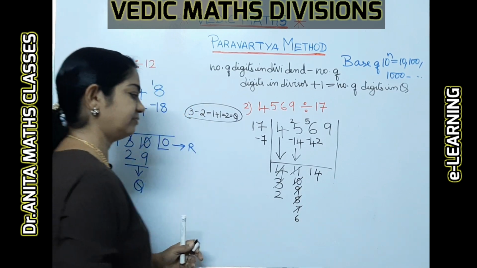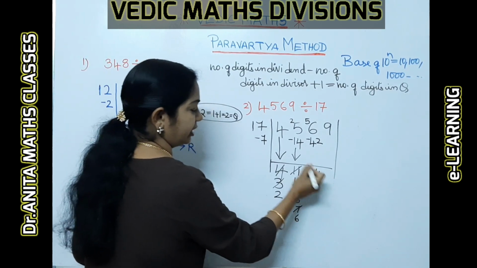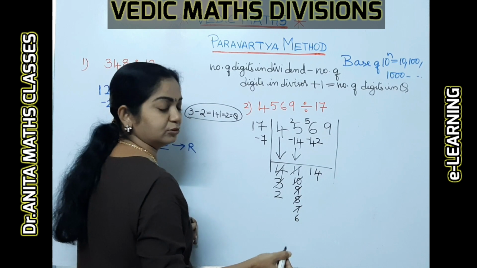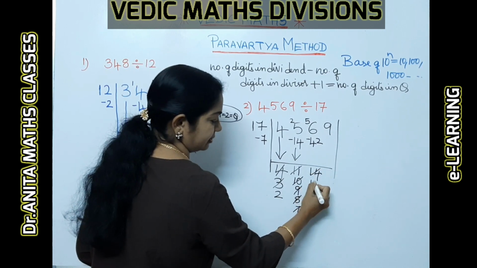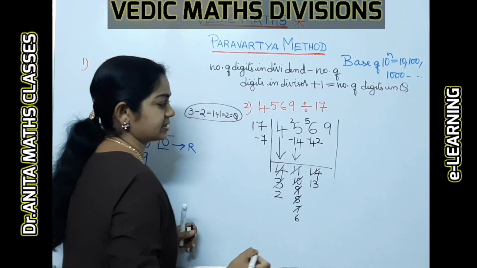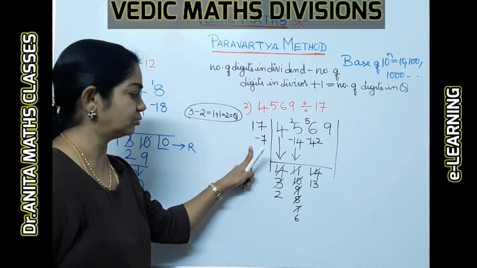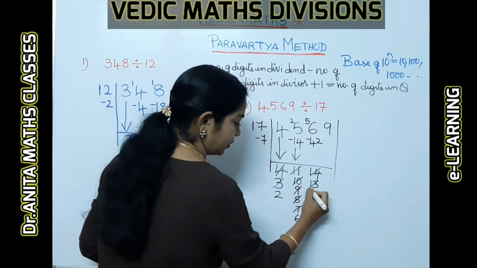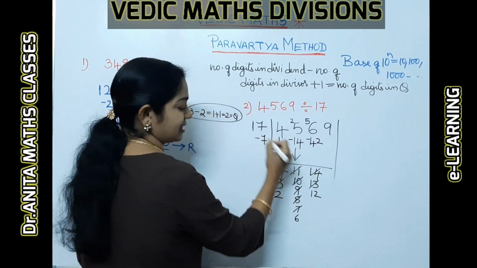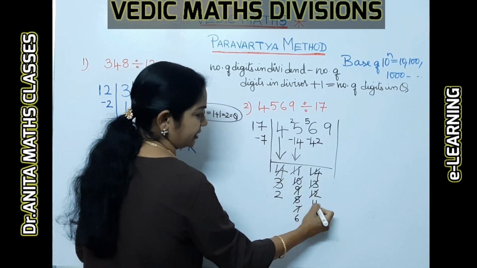Now you have to do the same thing. 14 sevens, is it possible? No. Again decrease 1: 13 sevens. Is it possible? No. So decrease again 1: 12 sevens, no. Decrease again: 11 sevens.